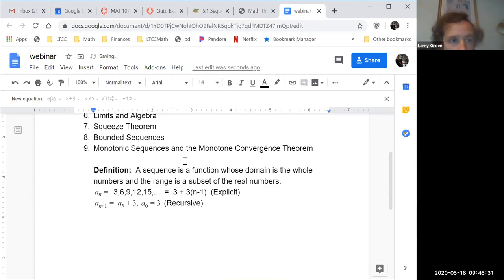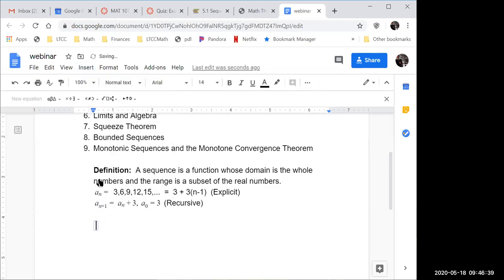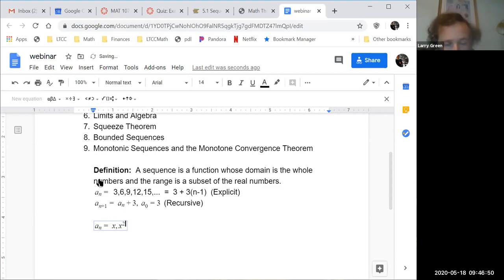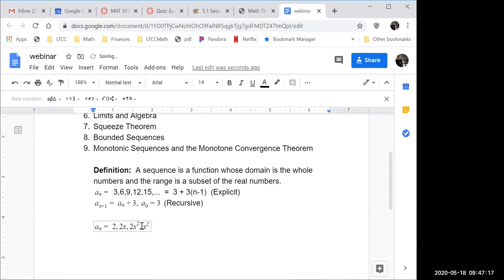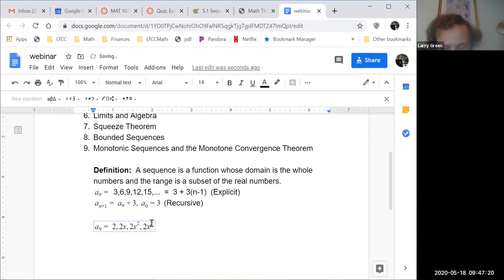So a sub n is equal to 2, comma, 2x, comma, 2x squared, comma, 2x cubed, comma, dot dot dot.